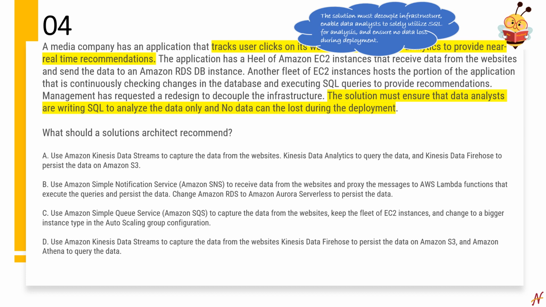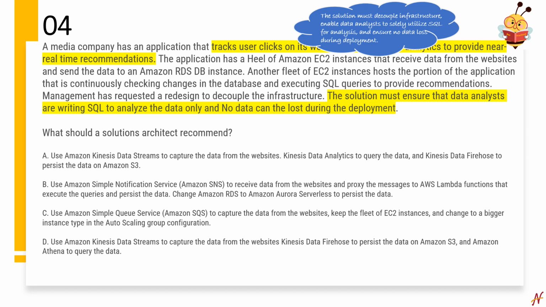Now, option B: use Amazon Simple Notification Service, that is Amazon SNS, to receive data from the websites and proxy the messages to AWS Lambda functions that execute the queries and persist the data. Change Amazon RDS to Amazon Aurora Serverless to persist the data.